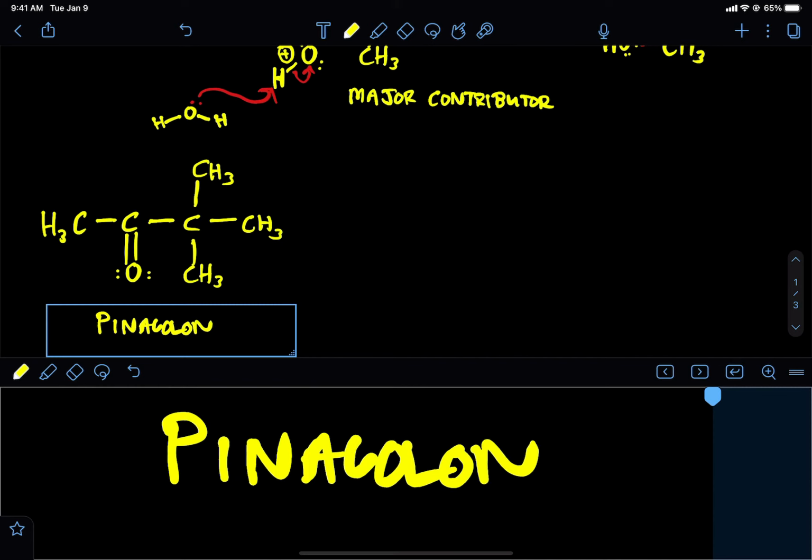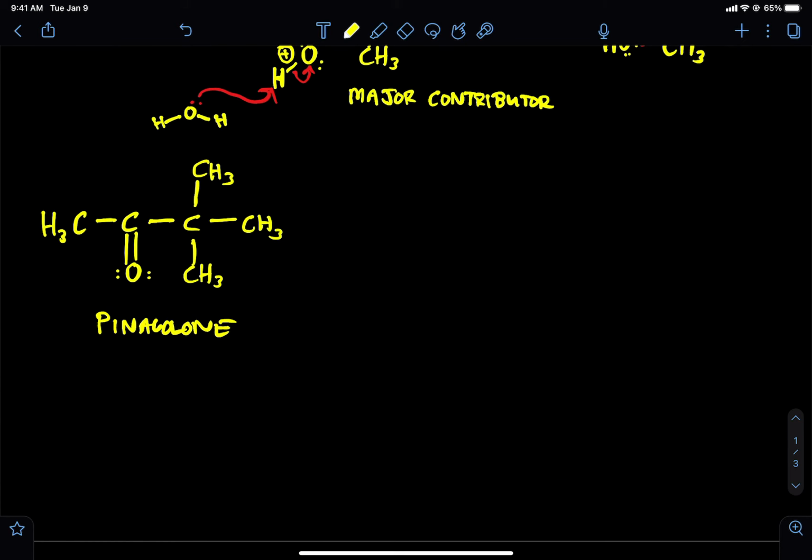Okay, so that's the product, and that's the mechanism of the pinacol rearrangement.